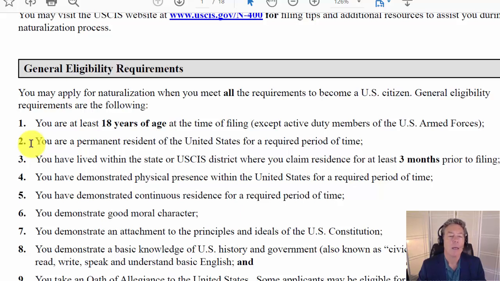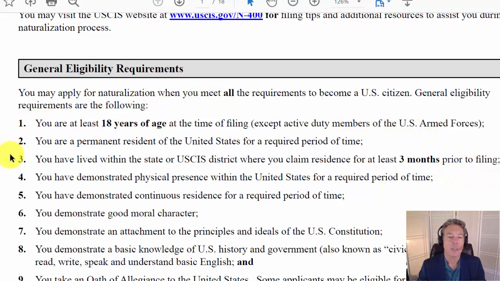Required period of time, that's going to be 5 years, or 3 if you've got your permanent resident on marriage and you're still married. 3, you've lived within the state or USCIS district where you claim residence for at least 3 months prior to filing.